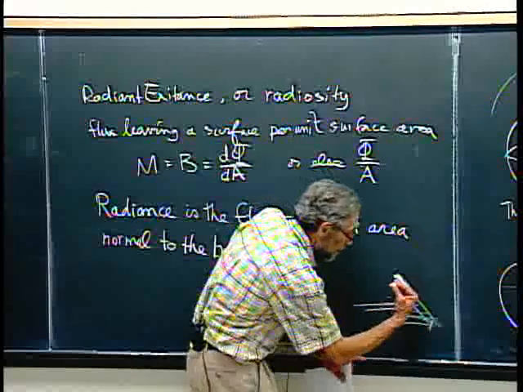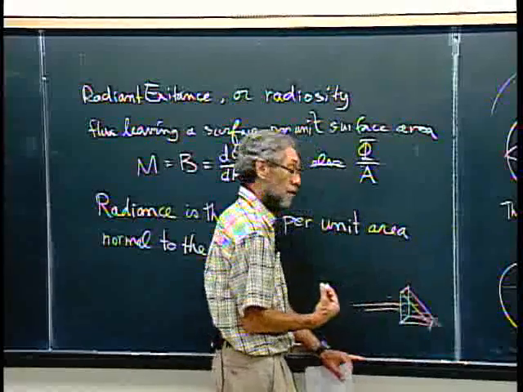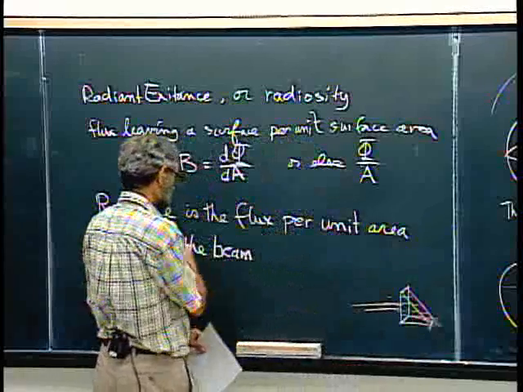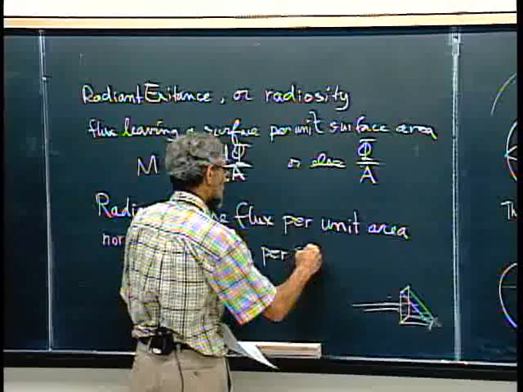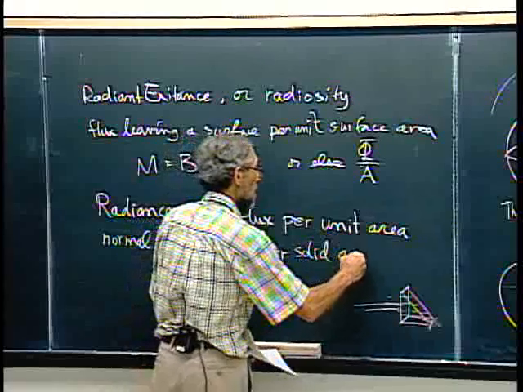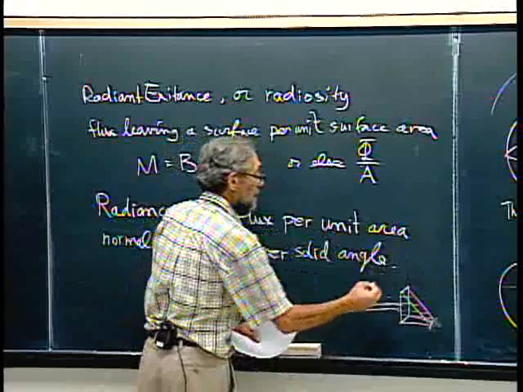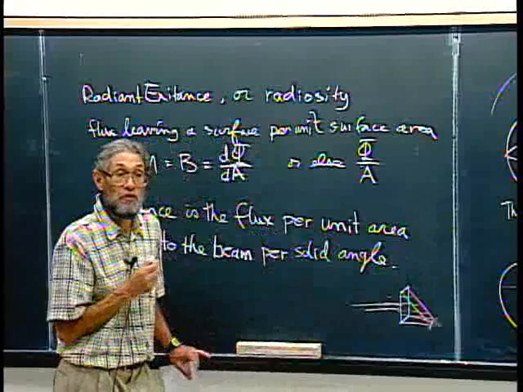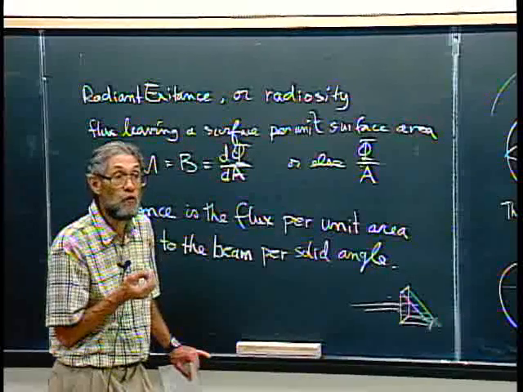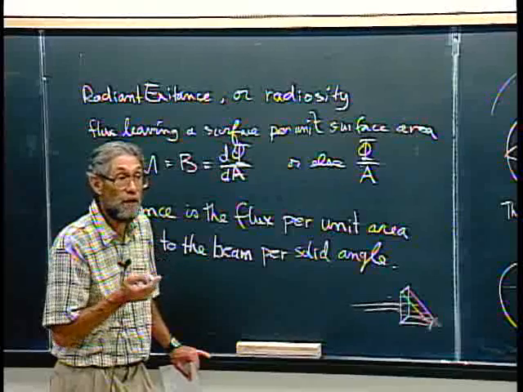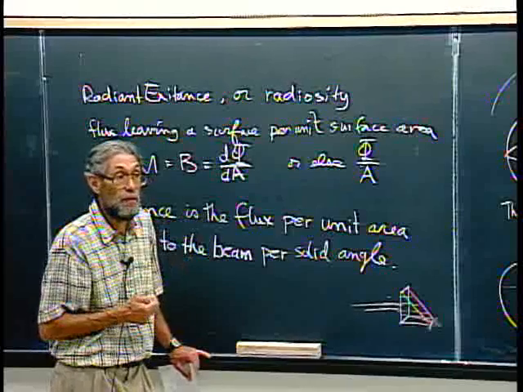I want to get it perpendicular to the beam. And that's what this normal to the beam is, per solid angle. So I said solid angles are measured in steradians, but it's really a pure number. It's an area on the unit sphere, and since the radius is 1, it just comes out to a number.